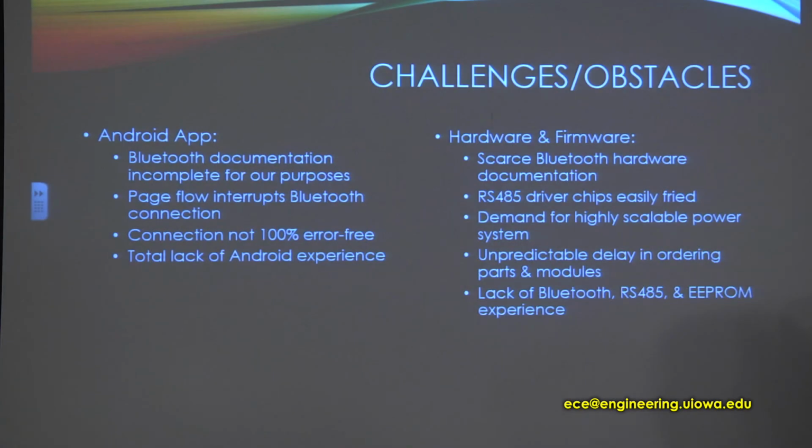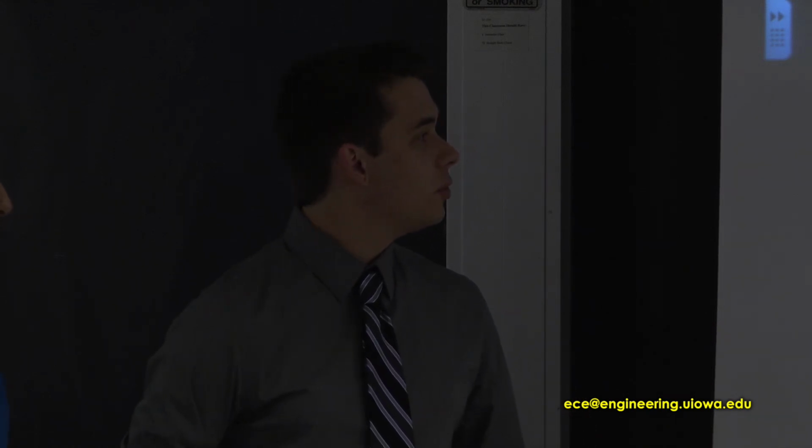Next, the nature of the project demanded a highly scalable power system, just because rock walls are enormous and LEDs take a lot of power, especially that many LEDs. Without the tools to reduce the amount of power each node uses, we were looking at having to demand hundreds of watts of power easily, just for lighting up all the LEDs and nodes.